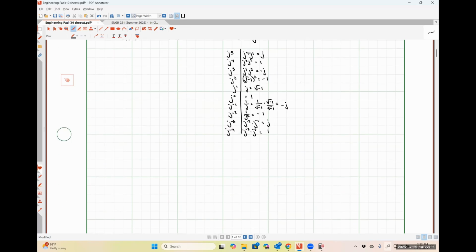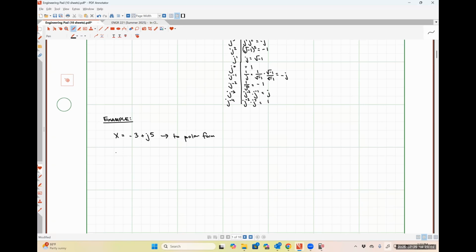So let's come down here, and let's say that I have some complex number x that is -3 plus j5, okay? And I want to figure out what this looks like in polar form. So we're going to convert this to polar form.